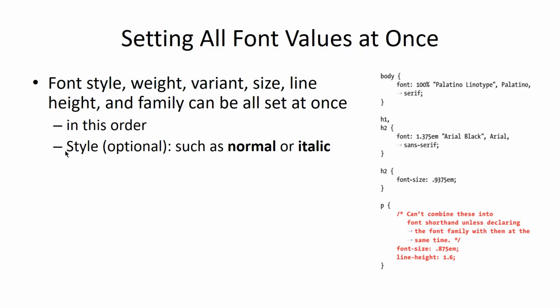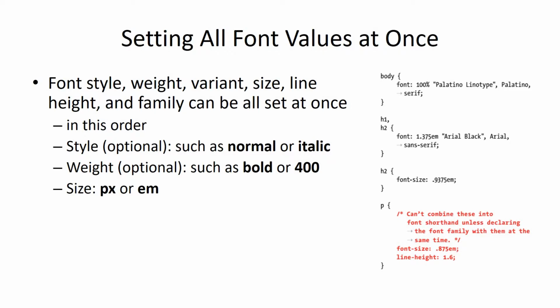In this example, you have to start with font style, and this is optional. The value can be either normal or italic. If the value doesn't exist, it will be assumed as normal. The next one is weight. Again, it's optional, and if there's nothing there, it will be normal. The next one will be font size.